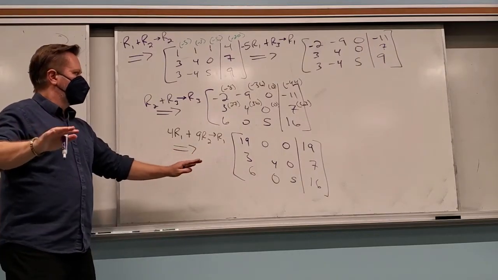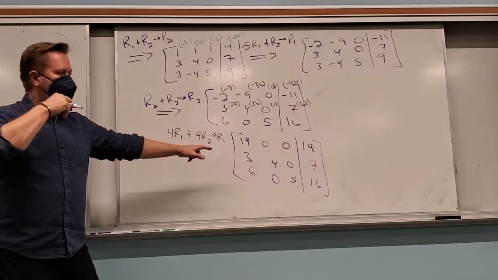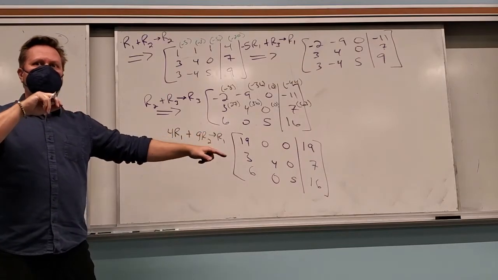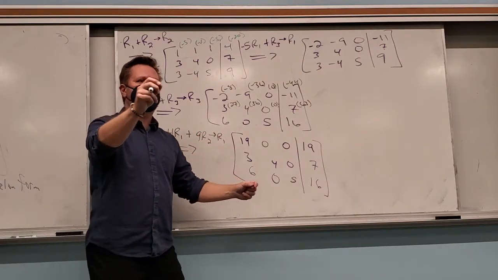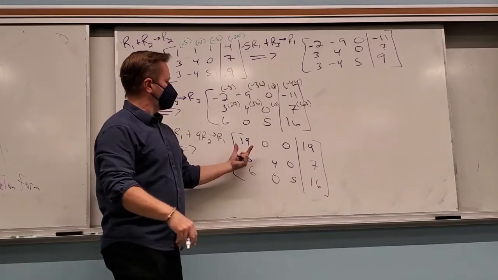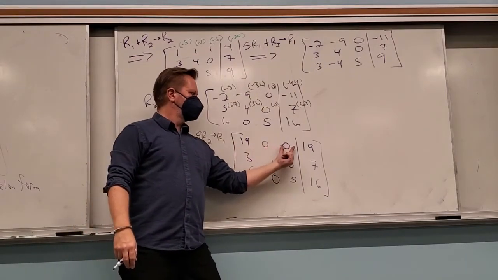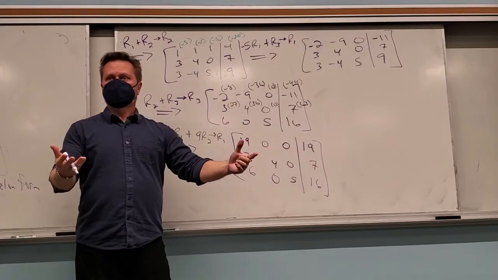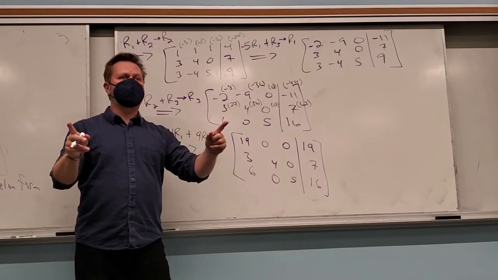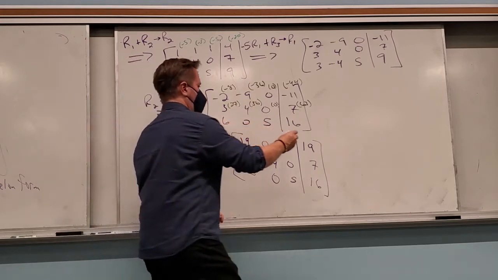Okay. So let me see if you guys are with me. Why is that nice? What can I do with row 1? Well, in fact, what does row 1 say right now? 19x equals 19. So I can just divide by 19.